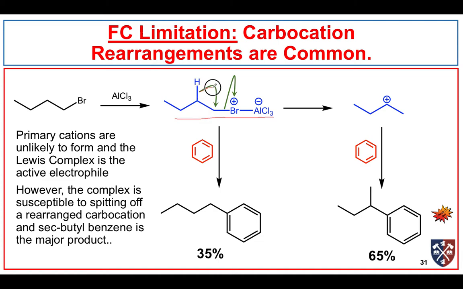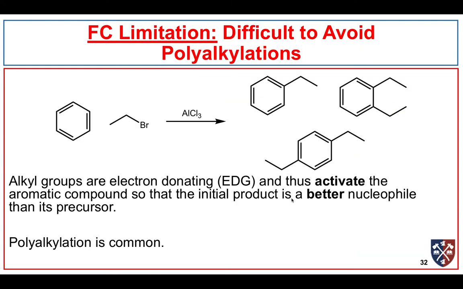We can get a hydride migration where our hydride just moves from this carbon to this carbon, and at the same time it spits out the now formed Lewis base, AlCl4 minus, and our carbocation, which is the electrophile that adds to the aromatic group in this step and gives us our major product, sec-butylbenzene. So carbocation rearrangements are very common in Friedel-Crafts alkylation reactions, and it kind of limits the scope of the reaction.